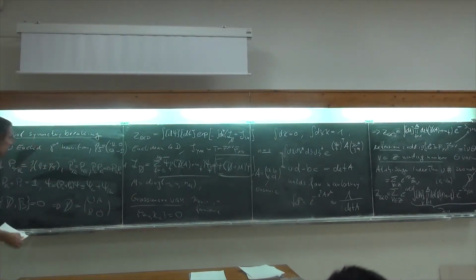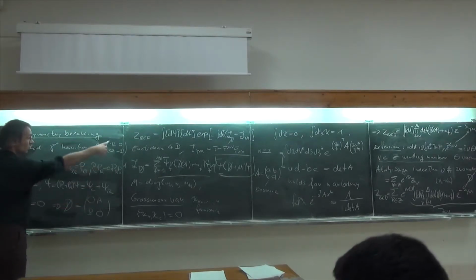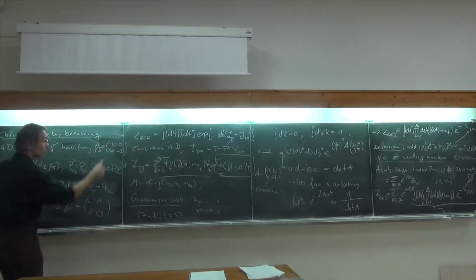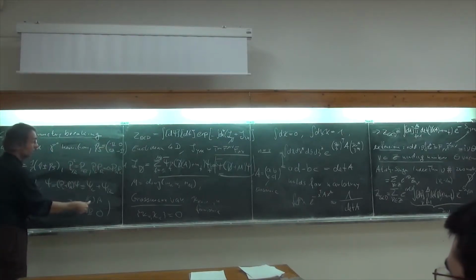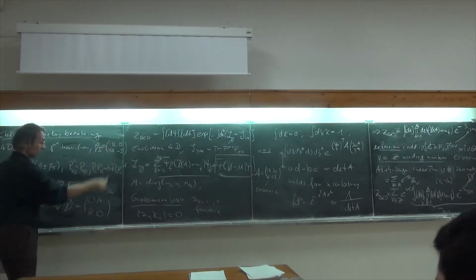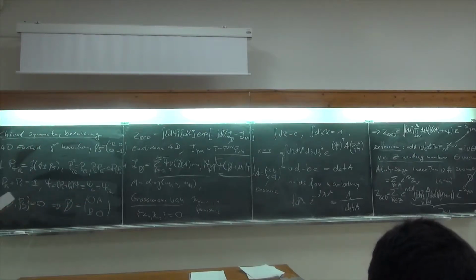Okay, and you can easily convince yourself that if you multiply this with this, this will give minus a b. And then if you do it the other way around, you get minus b. Okay, so the sum is 0.